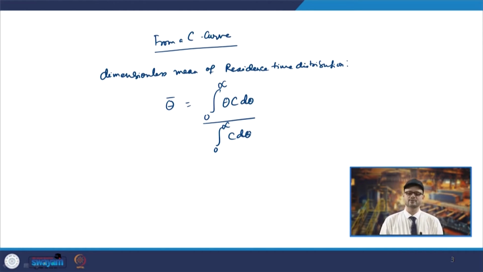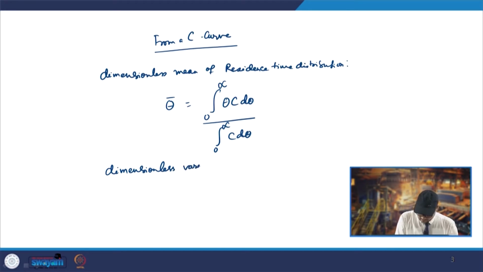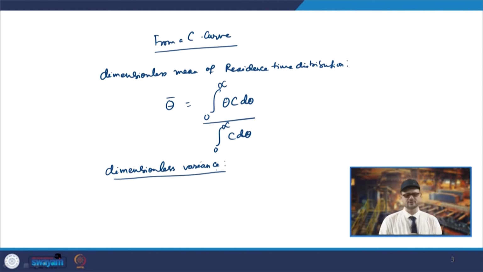Similarly, you have the calculation of the variance. So, the dimensionless variance will again be based on the relation.